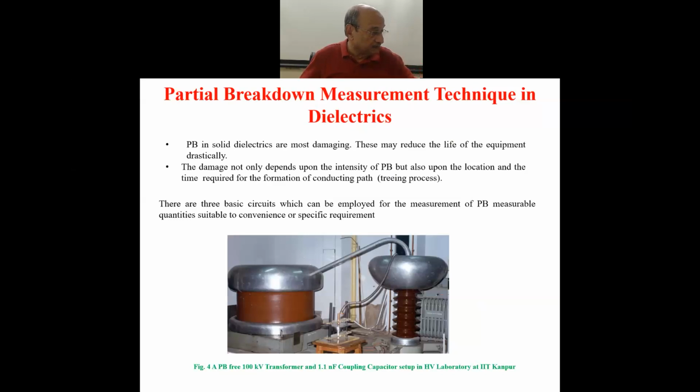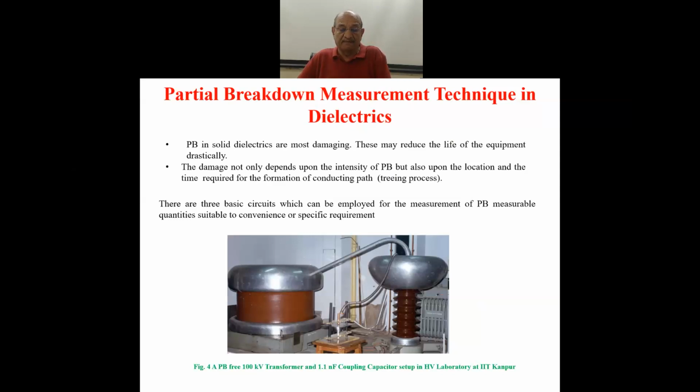So this was next, and now we will go to one of the very important measurements, as you can read here: the partial breakdown measurement technique in dielectric. We have discussed this when we were talking about solid dielectrics, and in fact when we talked about gaseous, solid and liquid, in all the dielectrics partial breakdown takes place.